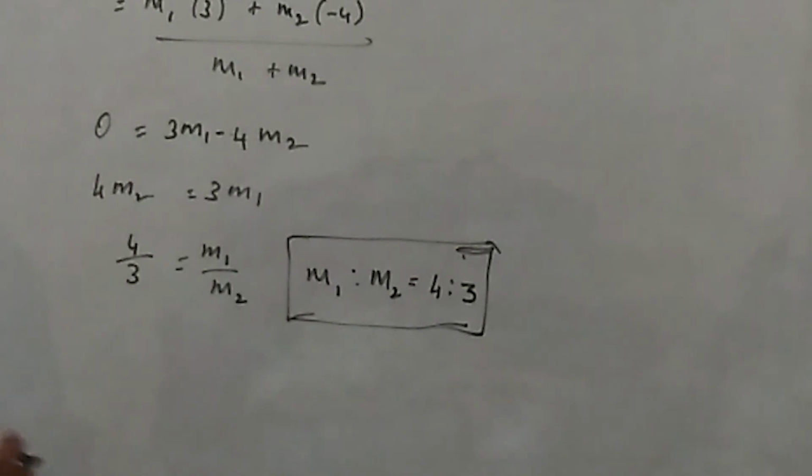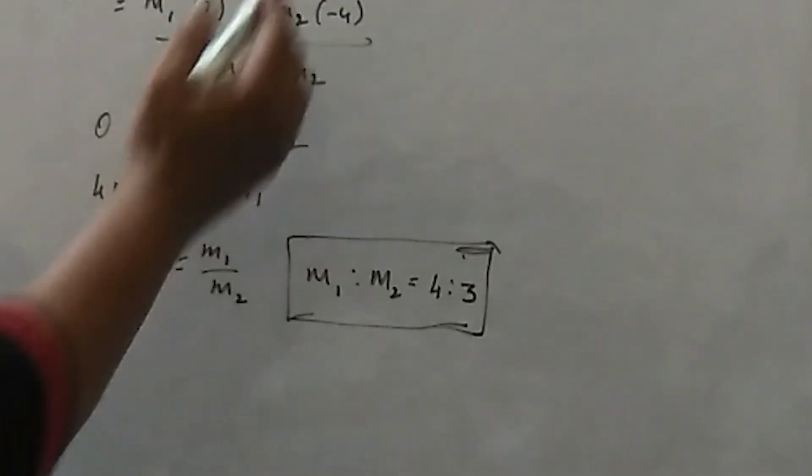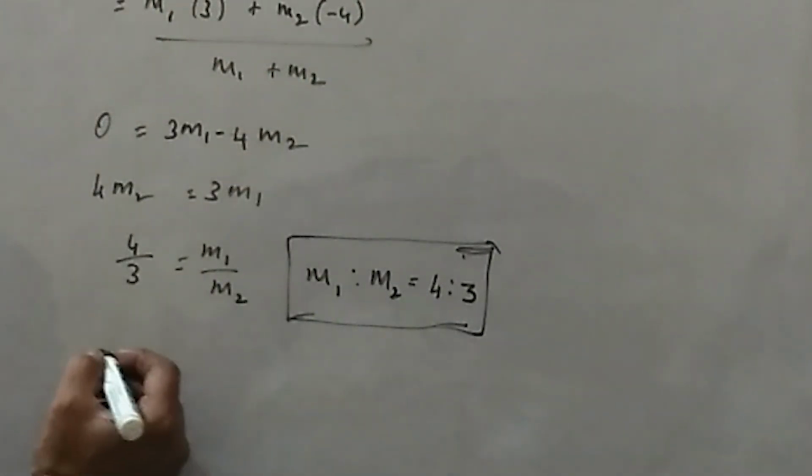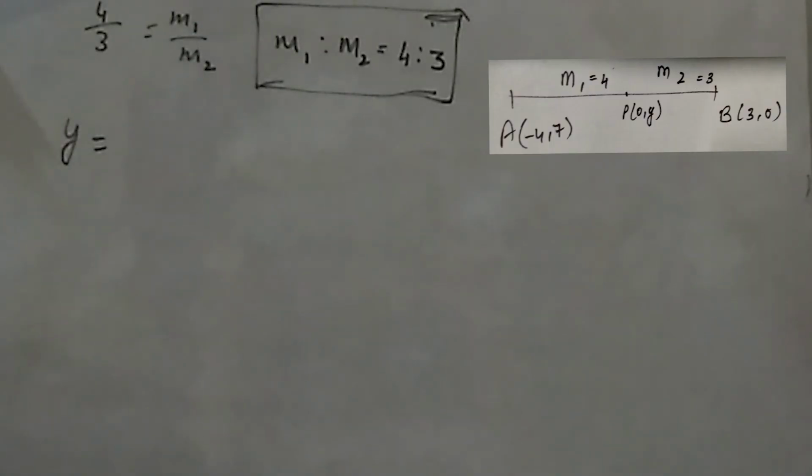Next, what we have to find out? First part answer, you got it. The point P. Now you have to take y. y is equal to, you know, m1 is 4, m2 is 3.